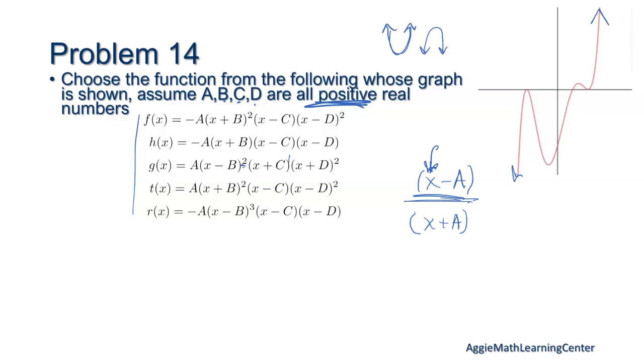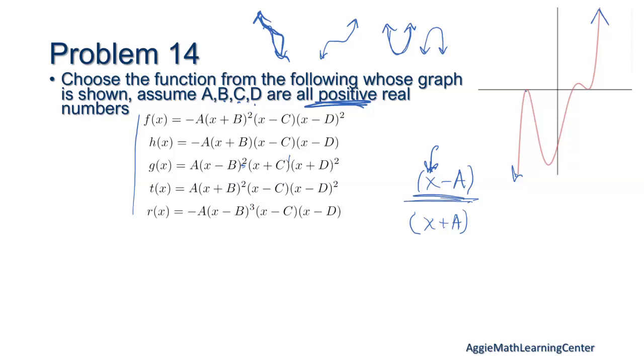And an odd function like x cubed would look like this if it were positive, and like this if it were negative, if there were a negative coefficient up front, pardon me. So I'm looking for an odd total degree or total multiplicities.